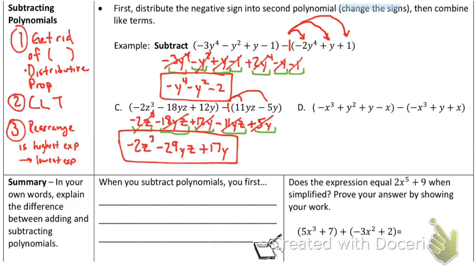All right, I'm going to go a little faster on example D. I think you're starting, hopefully you're getting the hang of this and it's not too difficult. So first step, get rid of the parentheses. The first set, we don't have to distribute, so I'm going to rewrite.